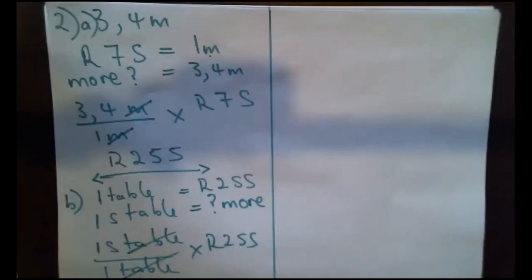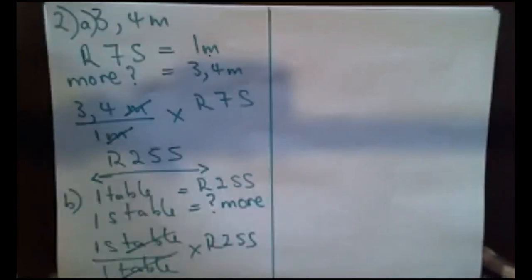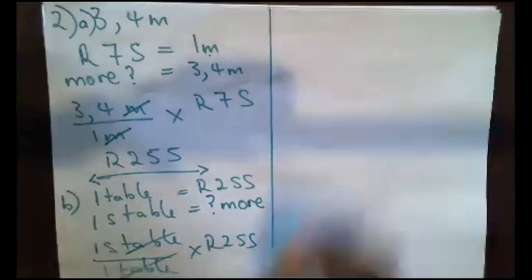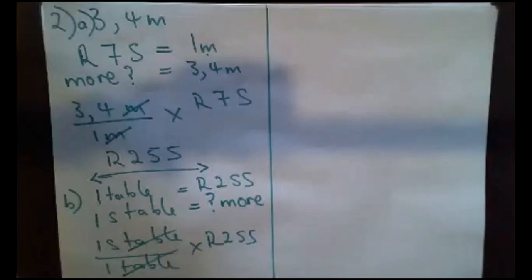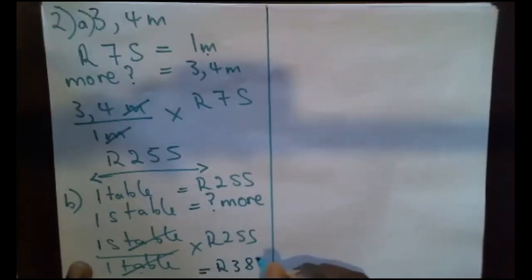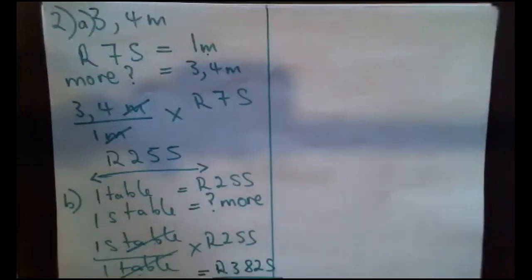So we are just saying 15 times 255. Yes, guys, you get... no, I think you miscalculated there. We are saying 15 times 255, and you get 3,825.